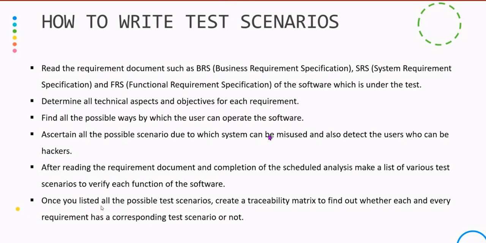So we create test scenarios based on them. Once you list all the possible test scenarios, a traceability matrix will be created to check whether each and every requirement has a corresponding test scenario, to see whether we missed any functionality mentioned in the requirement document.